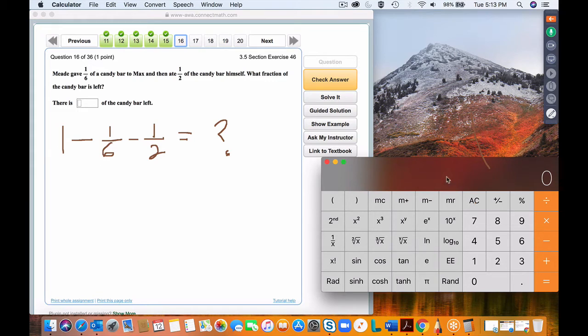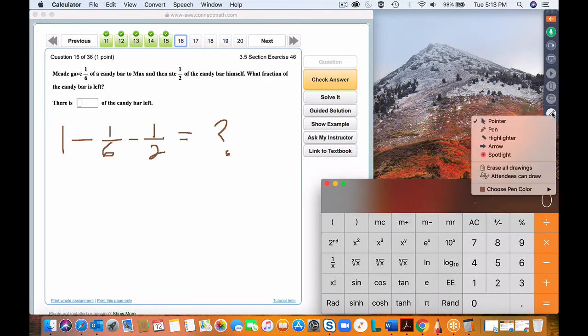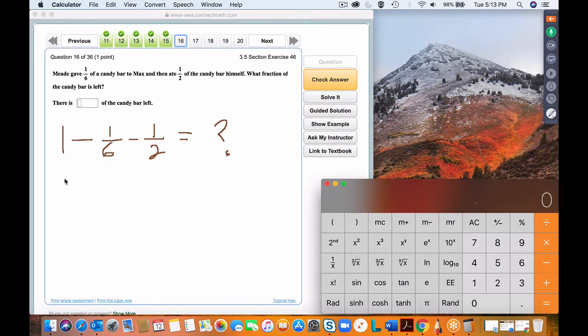Well, another way you can change the fractions into the same denominator on the bottom. We can have 6 over 6, that's 1, minus 1 over 6, and then if we multiply this by 3, 3 times 1 is 3, and 3 times 2 is 6.